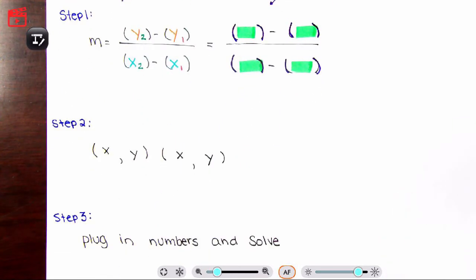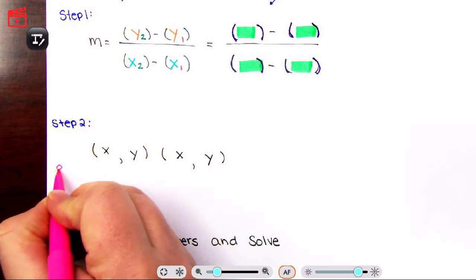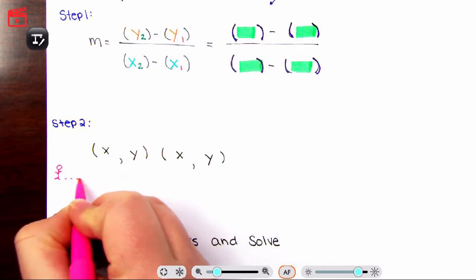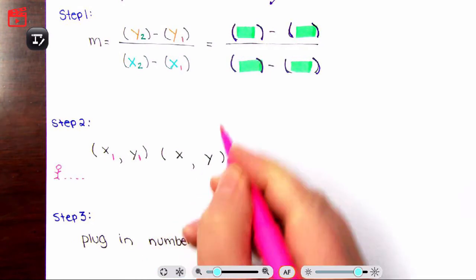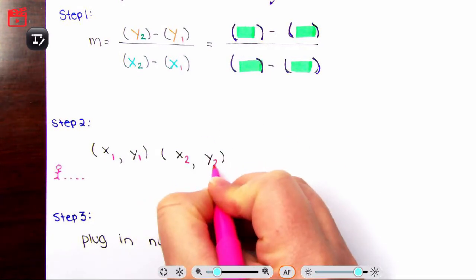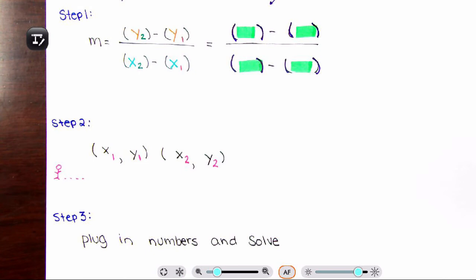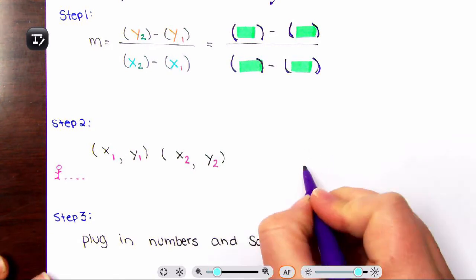Step number 2 is you're going to take your points and label them again. So I'm walking. Here's my first x, my first reason why I am no longer with them. Here's my second x, my second reason. Now you're going to plug in numbers and solve. Let me write out my setup again.